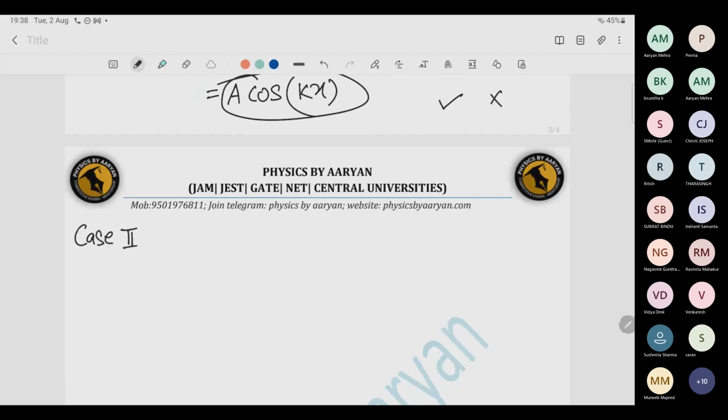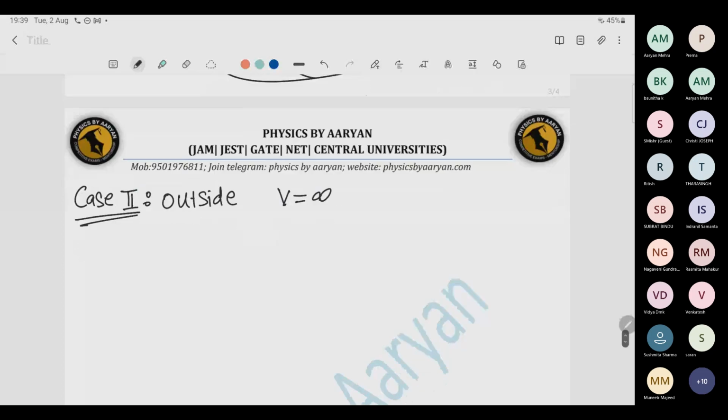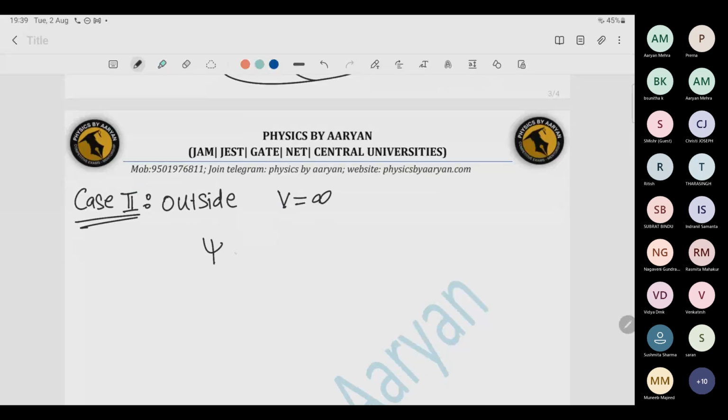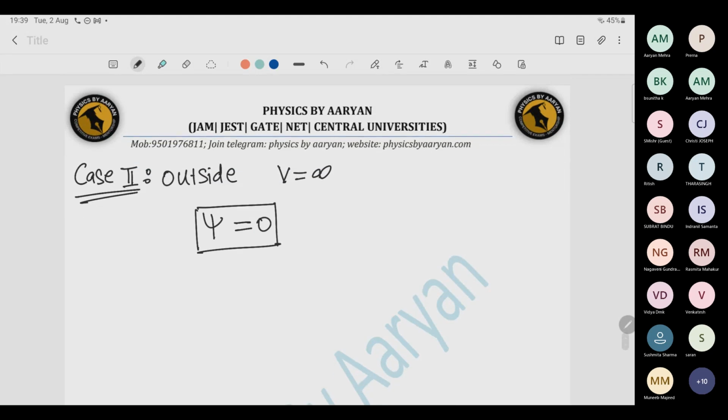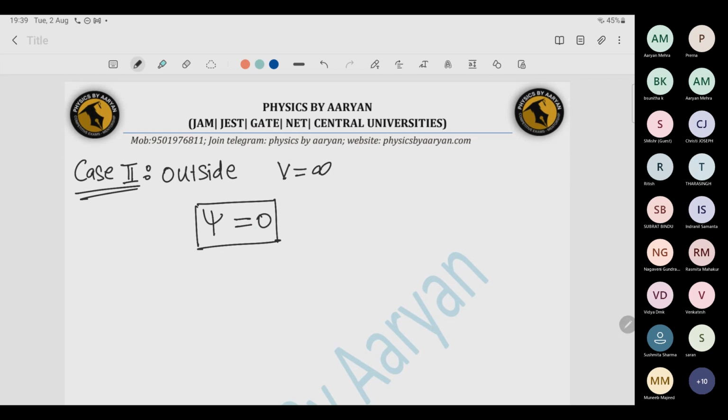Case 2 is when we are outside, meaning when our potential is infinite. Then without any hesitation, you can say your phi is 0. Your wave function, or your energy eigenstate, is 0. Why? Because of Mr. Born, who has a very nice explanation.